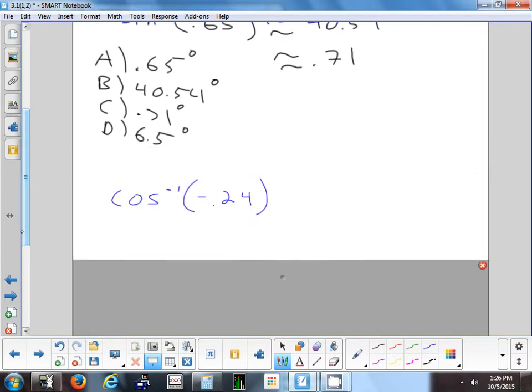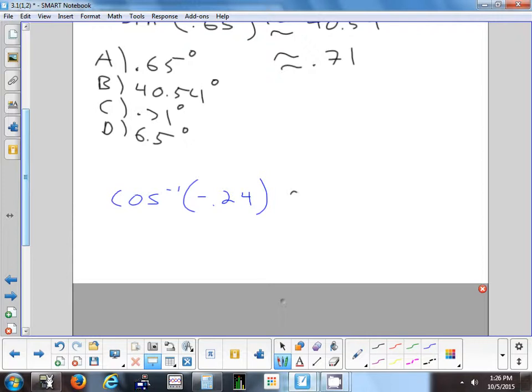All right. Let's try inverse cosine negative 0.24. Again, you can look at the chart. It's not on there, so just type it in. If someone can type that in and tell me what we get, just round to 2 decimal places. Do you want degrees or radians?